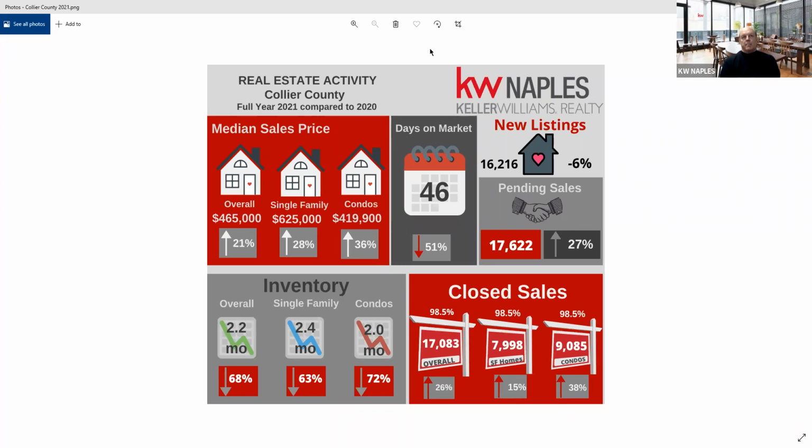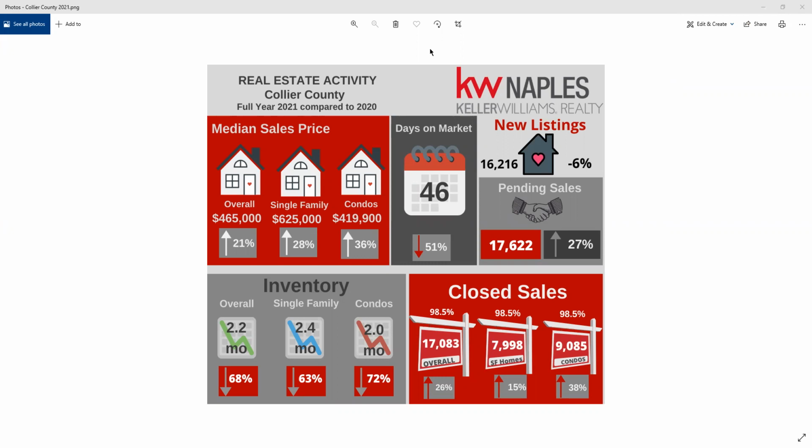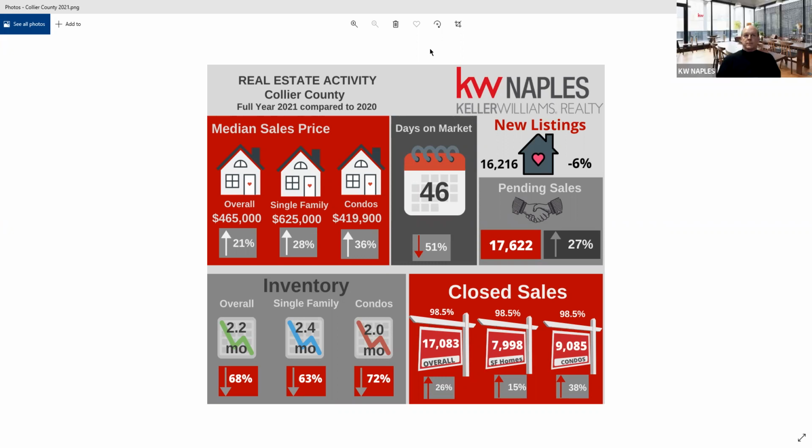If you get a $15 million sale and a $200,000 sale, the average tends to be skewed a little bit higher than the median, which says, okay, out of all the 17,000 sales, what was the middle sale? And that number has been steadily increasing over the last 2 or 3 years, from low 300s to mid 300s and now to mid 400s.